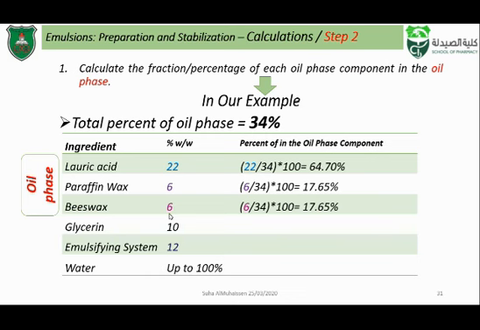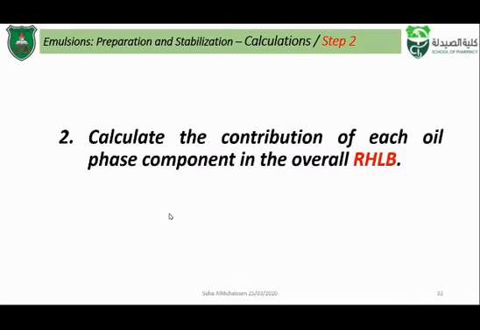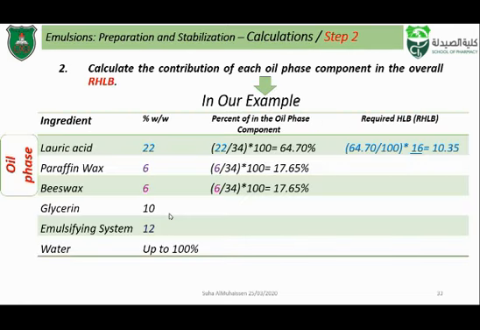Now, calculate the contribution of each of these oil phase components in the overall required HLB. This is equal to its fraction times the required HLB of this component to form our specified emulsion. Remember, we said our emulsion is most likely to form an oil and water emulsion.